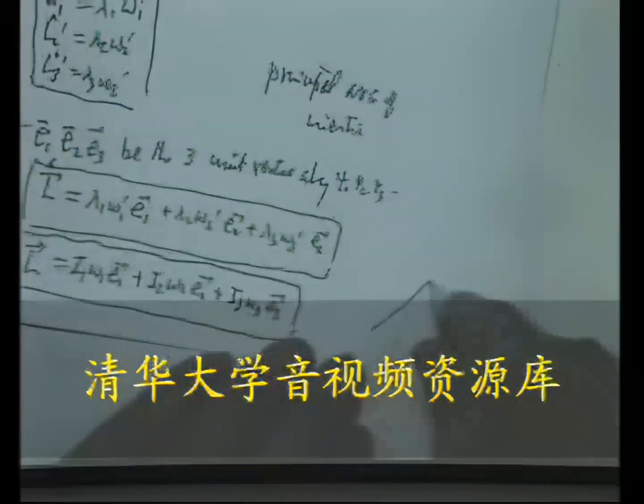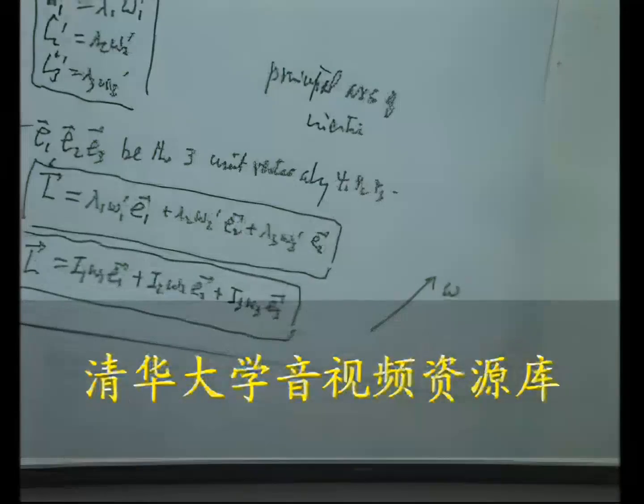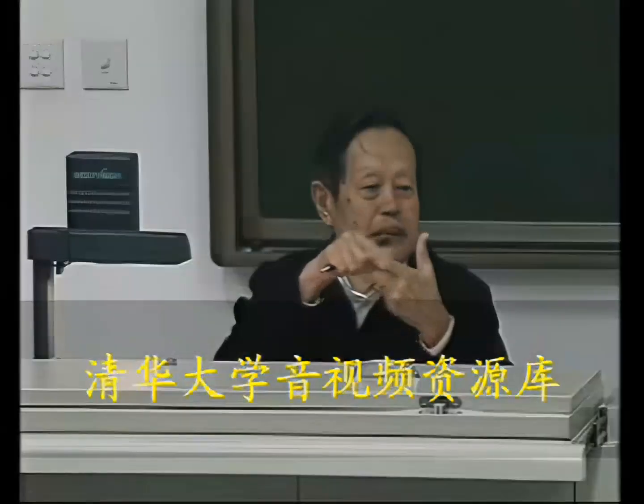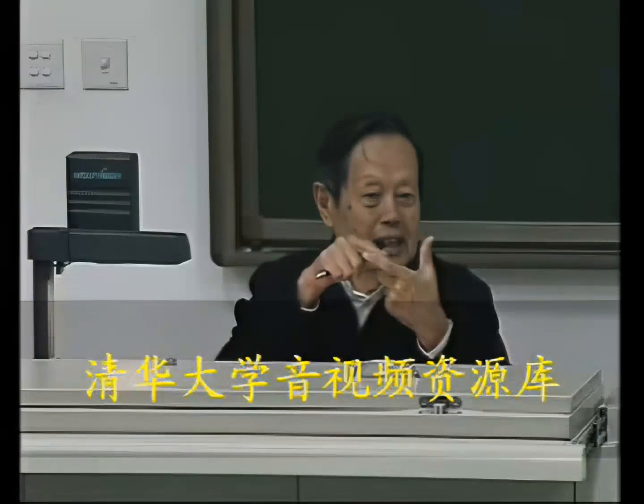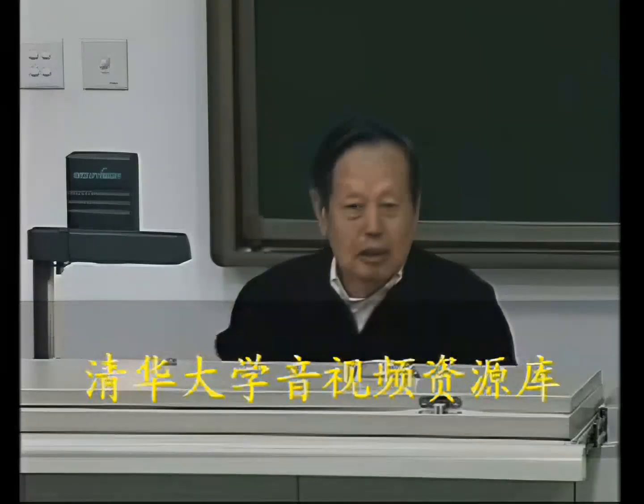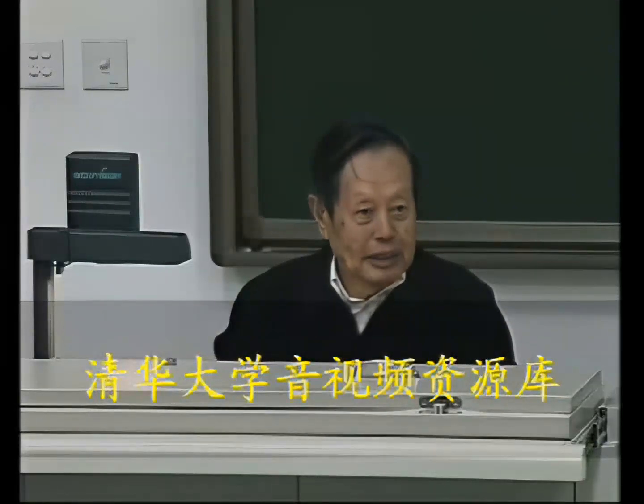So here's omega. You resolve it into three components along the three principal axes of inertia. And then you multiply the components by I1, I2, I3.